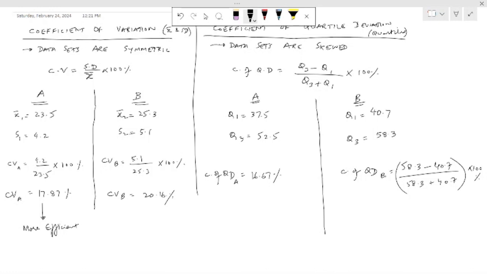So 58.3 minus 40.7 is 17.6, divided by 58.3 plus 40.7, which is 99. So that's 17.6 divided by 99, which gives us 17.78%.